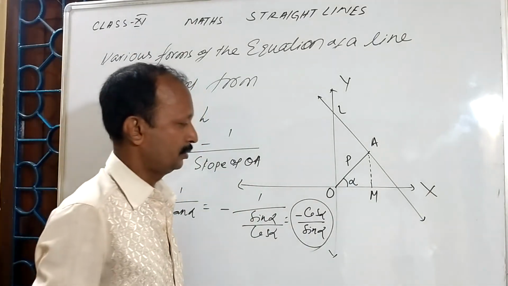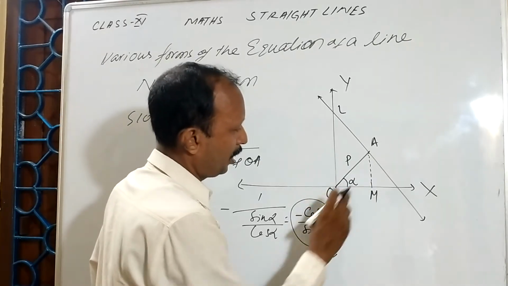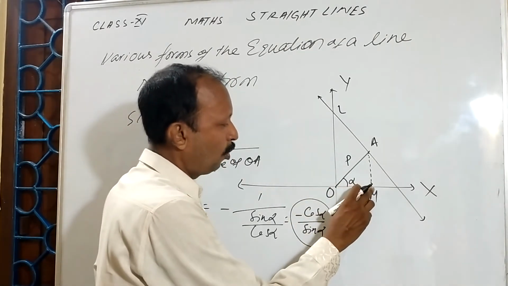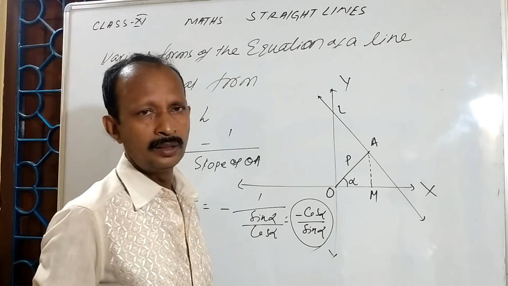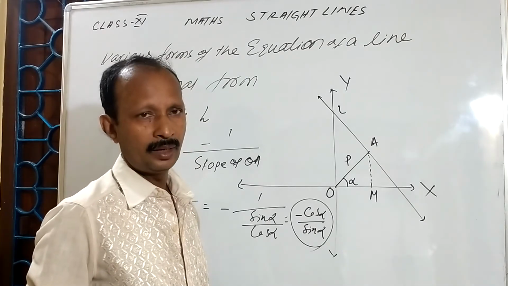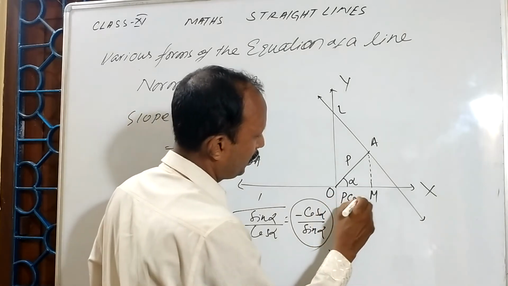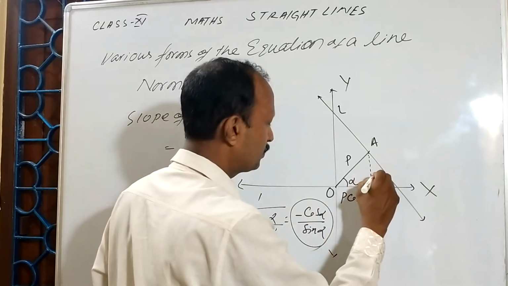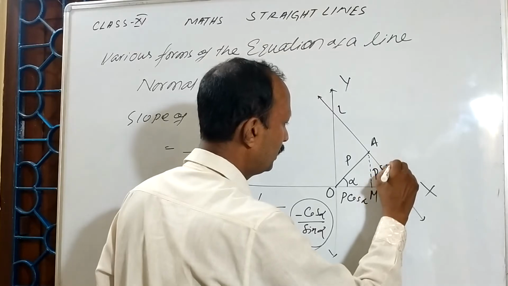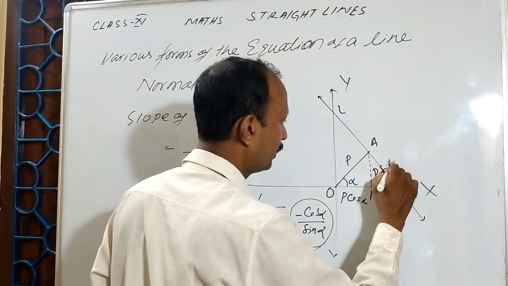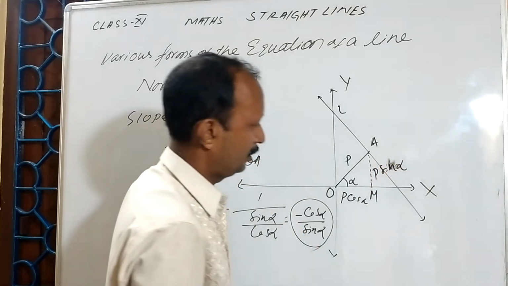Now let us see what about this one. We'll express this OM in terms of P. So you know that this point will be P cos alpha, whereas this point will be P sin alpha.